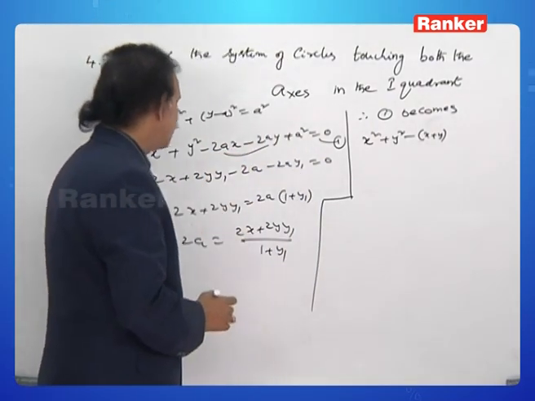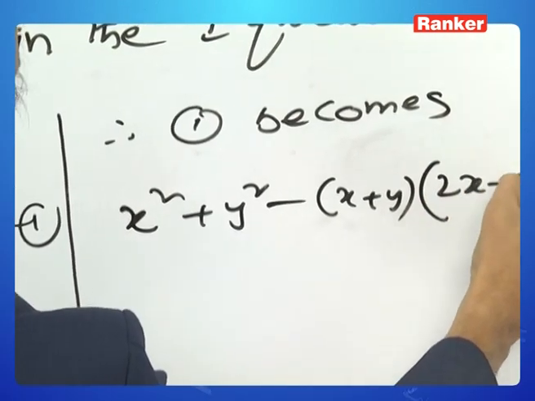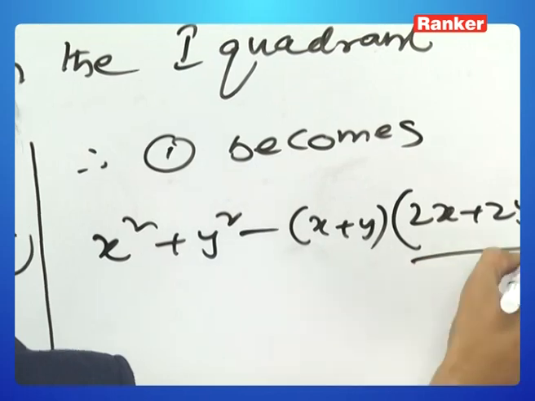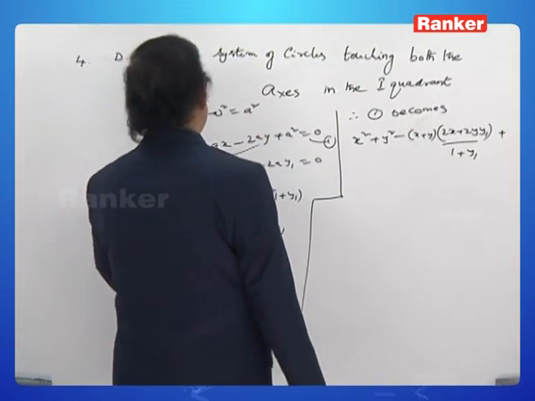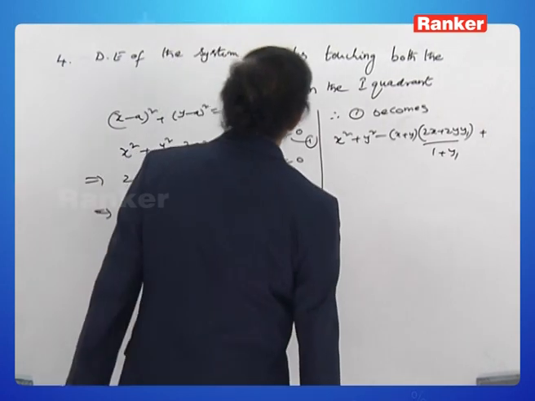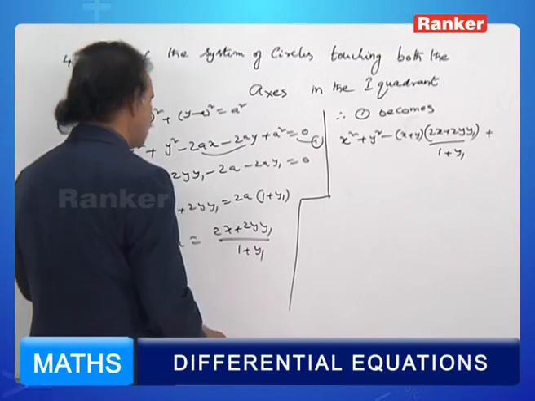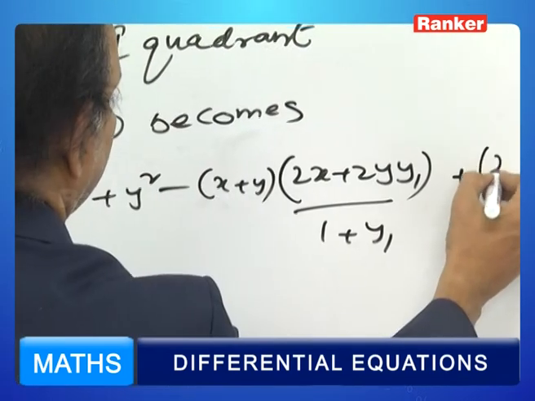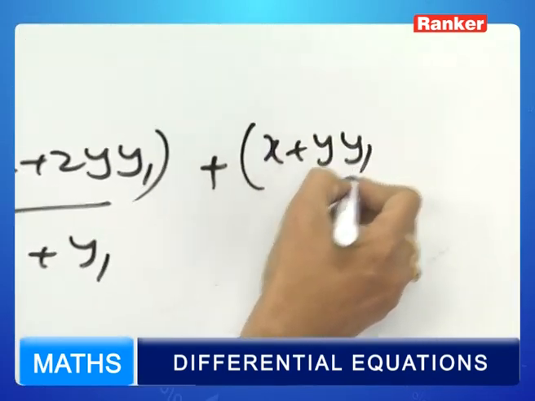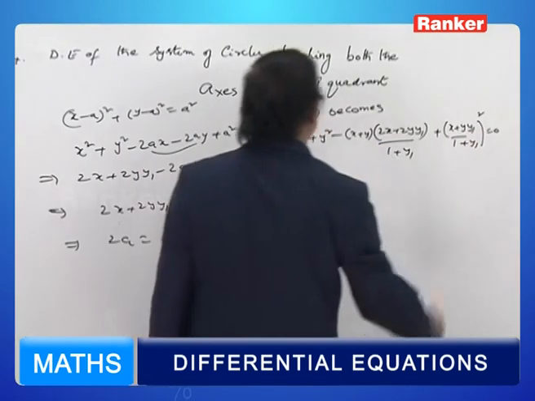What is 2a? (2x + 2y y1)/(1 + y1). We can cancel 2 on all sides, so that a is (x + y y1)/(1 + y1), and the whole square is equal to 0.